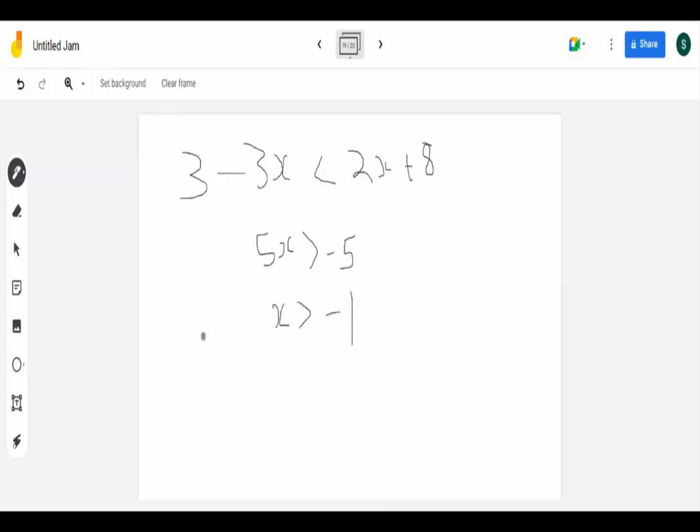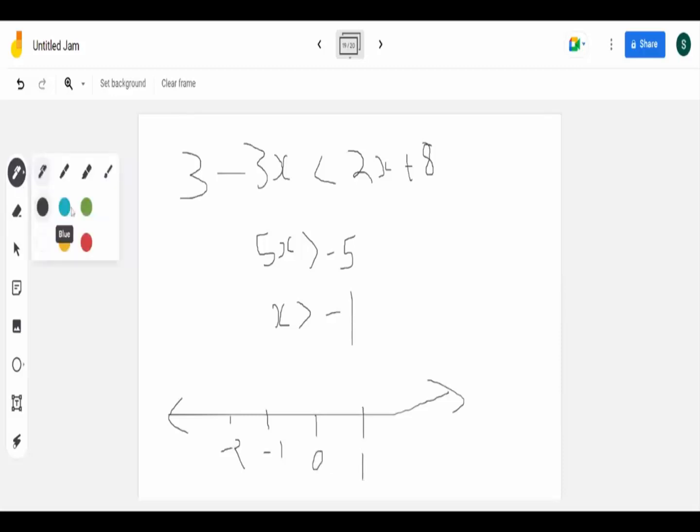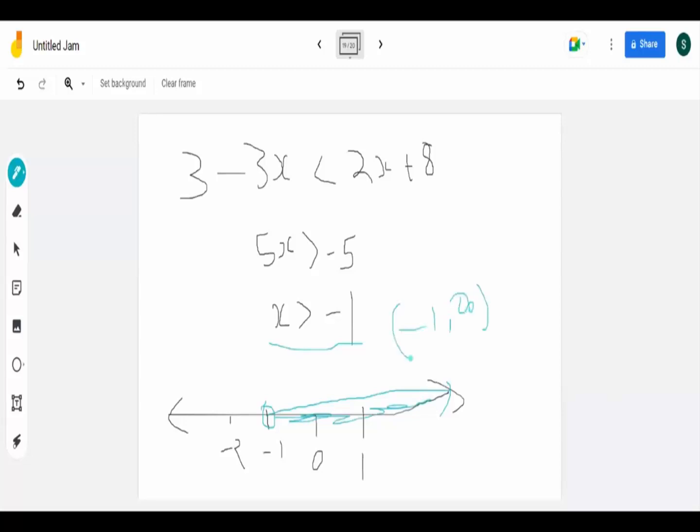Again, draw the number line. This is minus 2, this is minus 1, 0, 1. What we have to do is greater than minus 1, right? So draw a hollow circle on minus 1 as we do not have to include this, and our answer is here, from minus 1 till infinity, excluding minus 1.